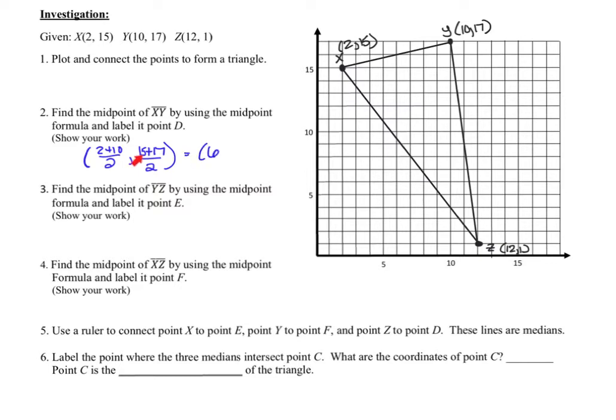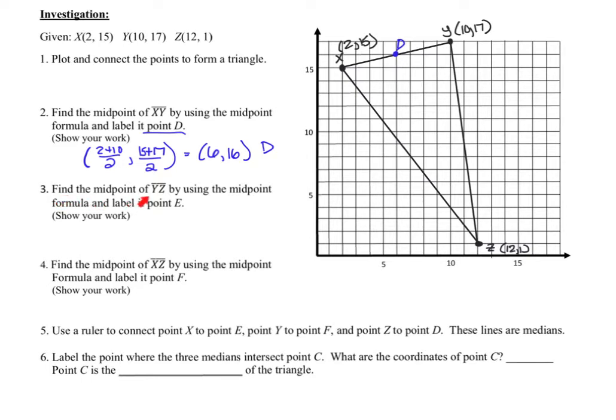And then 15 plus 17 is 32. 32 divided by 2 is 16. Again, we're going to label this as point D on the graph. So we're going to go over to 6 and up to 16 and label that point as point D.